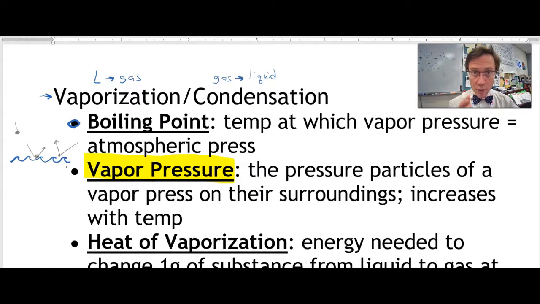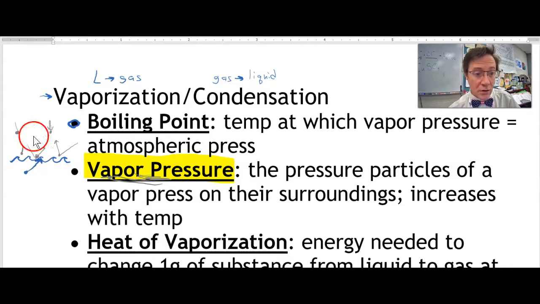So to make something boil, we've got to get the thing's vapor pressure to push hard enough. This little water particle needs to push when it hits the surface hard enough to break free from all these atmosphere particles coming in and smacking down onto the water.